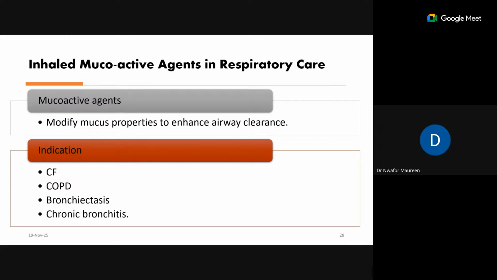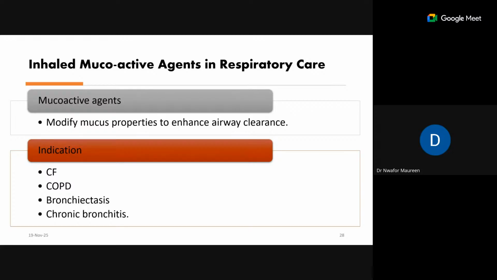And for mucoactive agents, what they do is modify mucus properties to enhance airway clearance. So we've talked about beta-2 agonists, we've talked about anticholinergic agents, and all the bronchodilators. Now I want to discuss mucoactive agents.